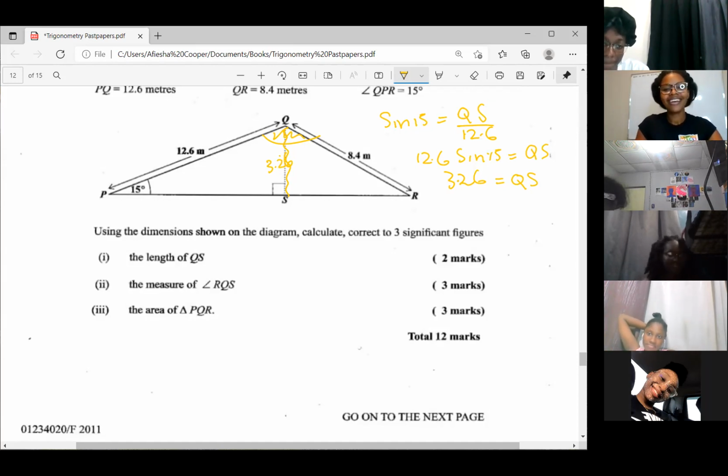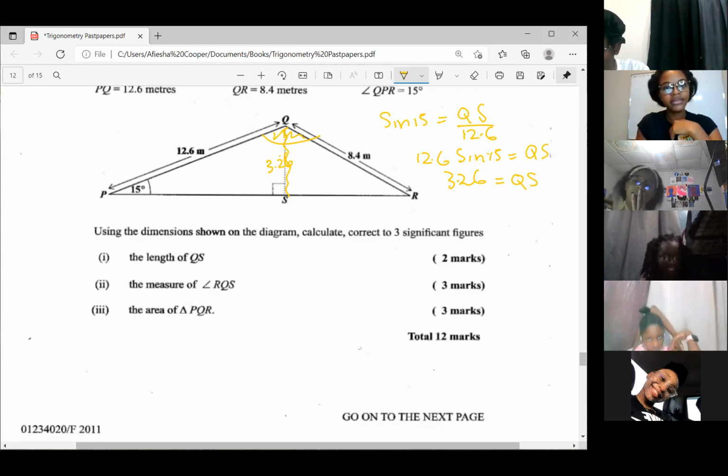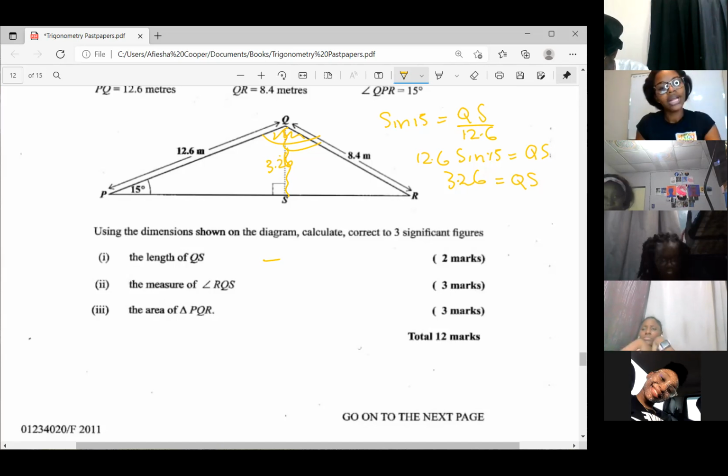Adjacent over hypotenuse. Cosine is equal to 3.26 over 8.4. How much is that?